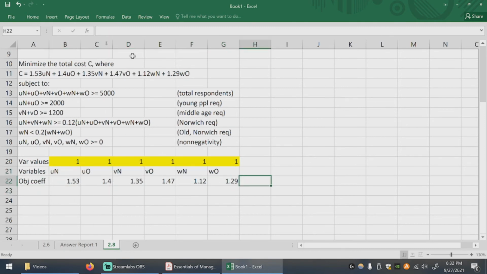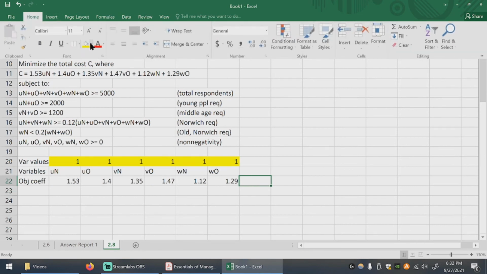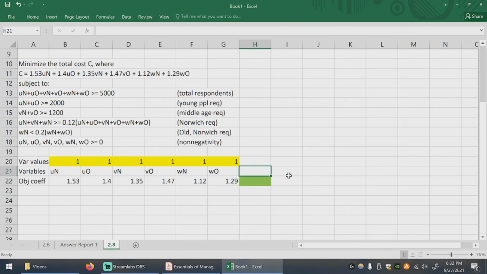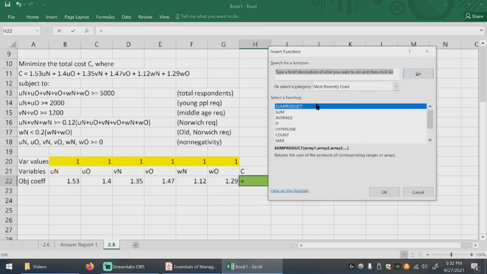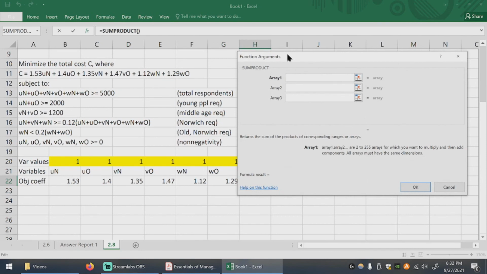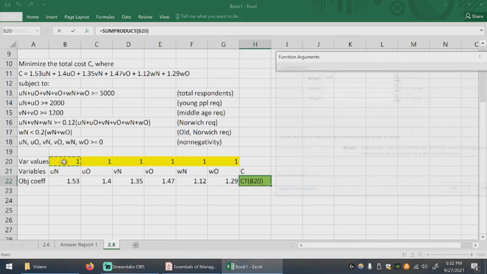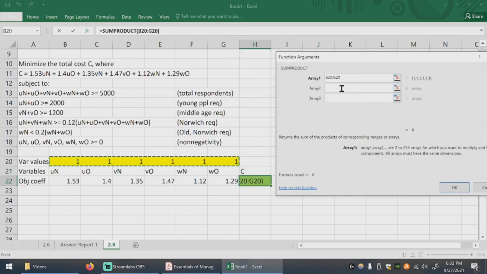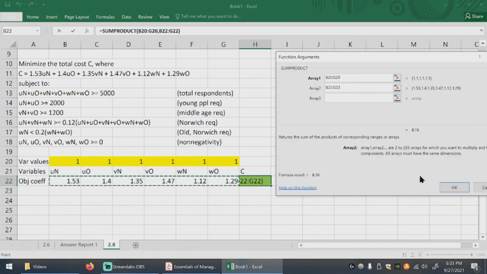I'll put my objective function value over here. Nice pale green. We can call it C for cost. You can type it in manually. You can use the insert function. Why not use the insert function option? It is so easy. Coefficients of the, not coefficients, I'm sorry, values of the variables, coefficients in the objective function.